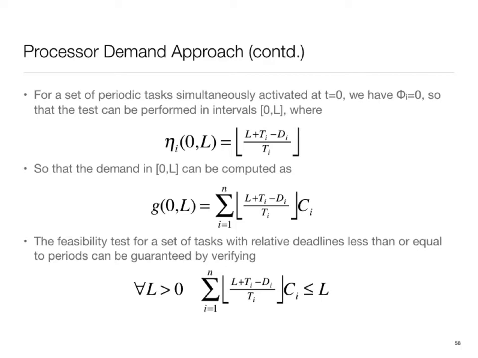And that should hold true for every possible value of L. So starting from t equal to 0, if I look at every time horizon, what should remain true is that in that interval, the total demand that came from all the tasks that could have arrived is less than or equal to the time that was available, which was L itself. So that's our basic test.